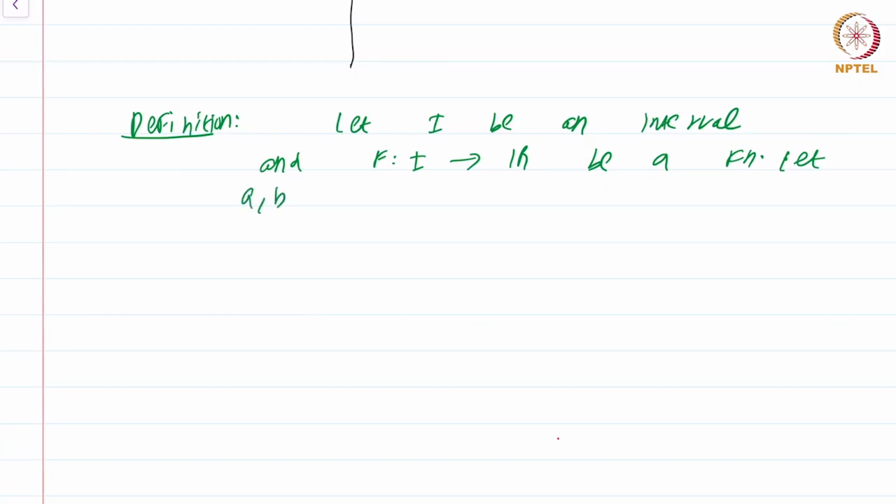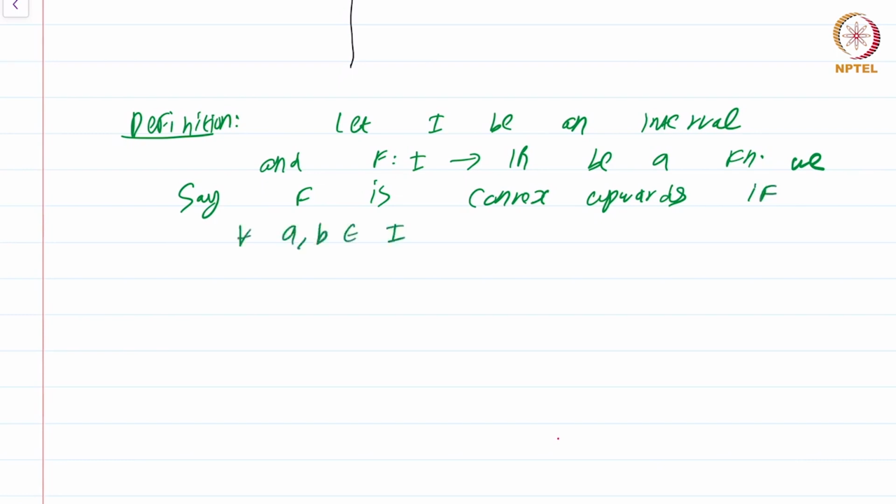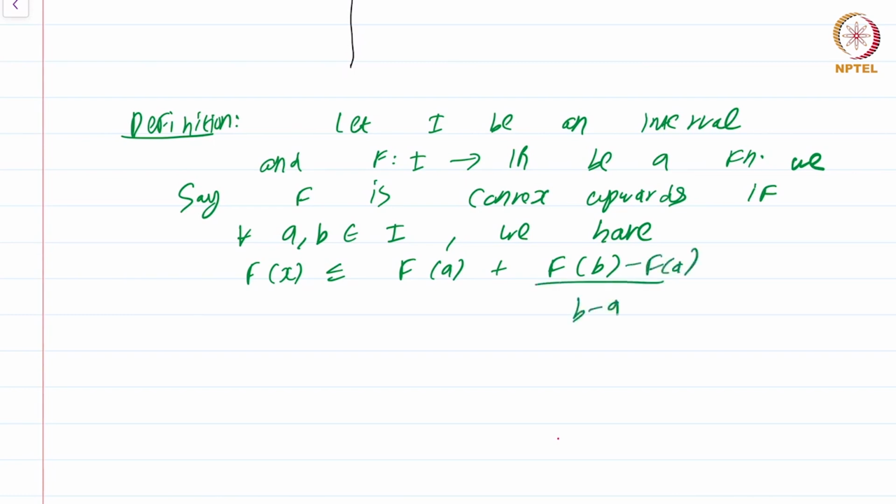We say f is convex upwards if for all a, b in I we have f(x) is less than or equal to f(a) plus (f(b) minus f(a)) by (b minus a) into (x minus a).